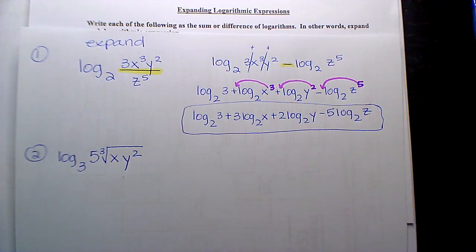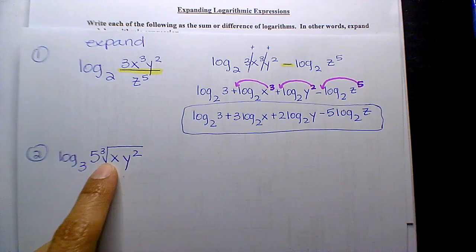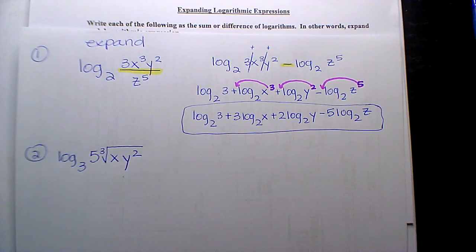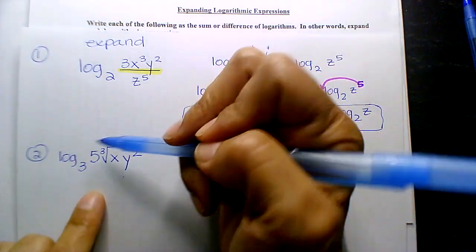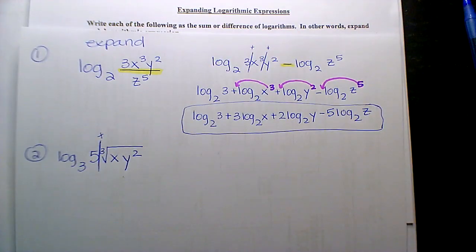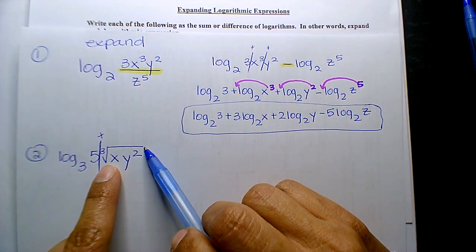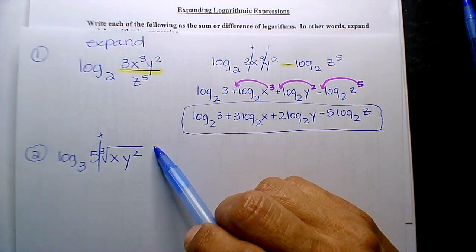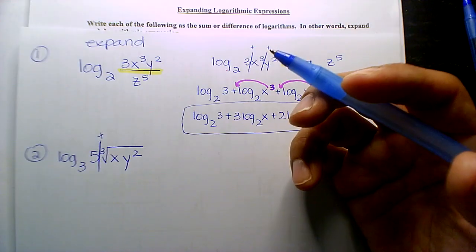Okay, the second one. You have to understand roots. Remember there's preference here. Someone may want to first split these up and make the addition first, but someone may want to first make this into a parenthesis with a power. So it's your preference.